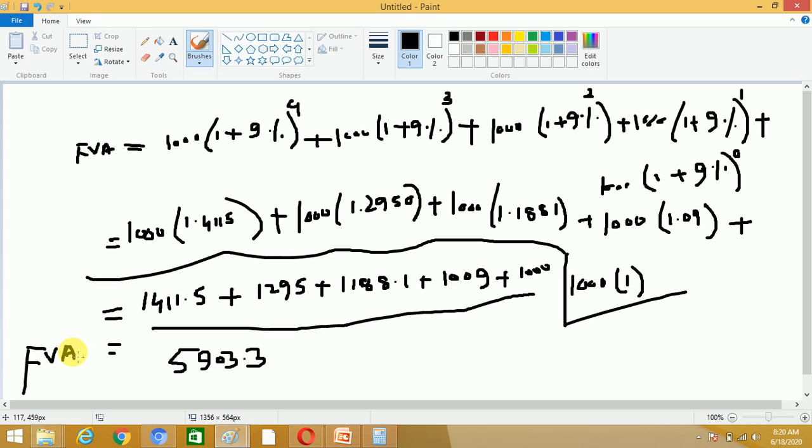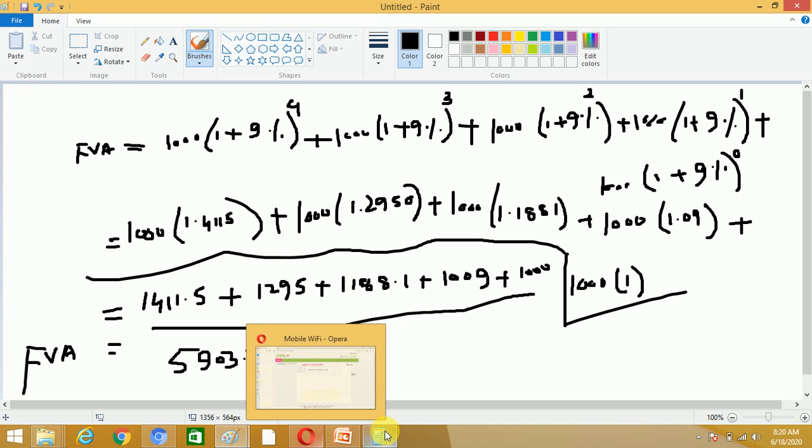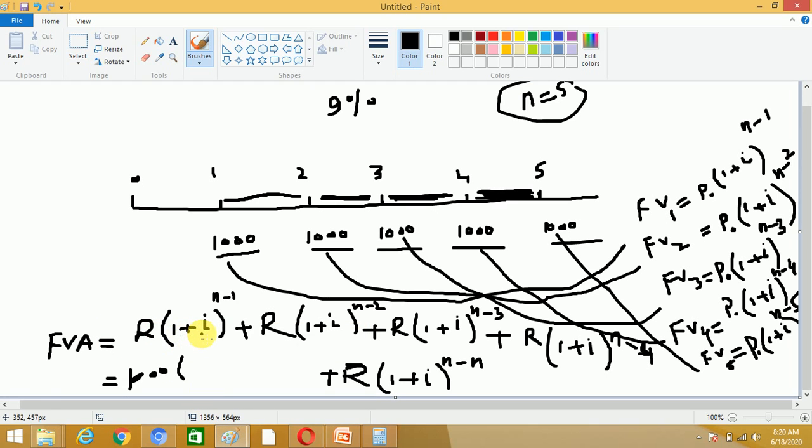But here's the problem in this formula. What is the problem? See, n minus 1, n minus 2, n minus 3, n minus 4, n minus 5. If there are 10 years, it will be 10 minus 1, 10 minus 2, and so on up to 10 minus 10.